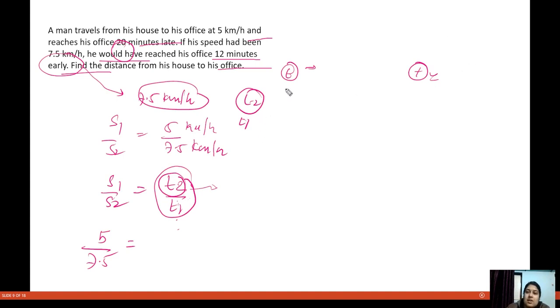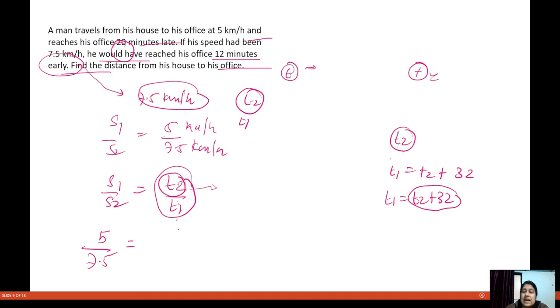Consider this thing, t2 will be lesser time because the speed is more. So what is the difference between time t1 and t2? T1 is equals to t2 plus 32.